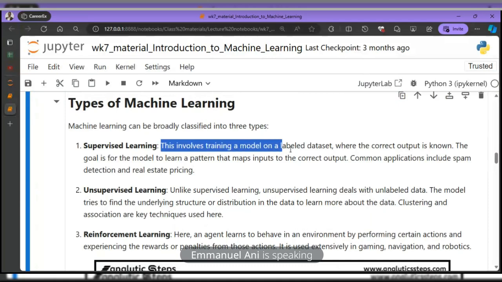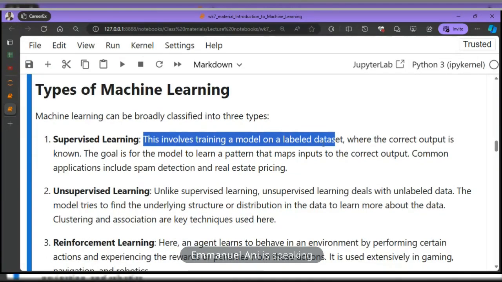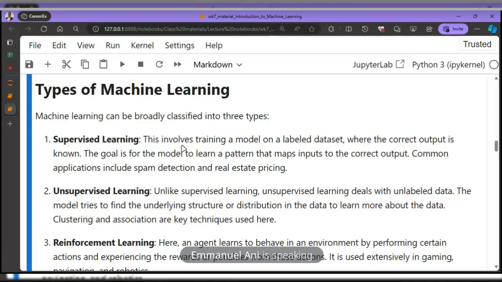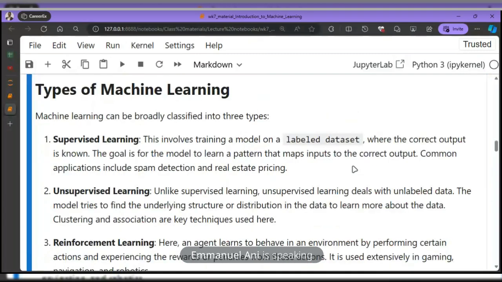So supervised machine learning. This involves training a model on a labeled data set. Now, please pay attention. I need you to understand the difference between supervised machine learning and unsupervised machine learning. Supervised machine learning involves training a model on a labeled data set.